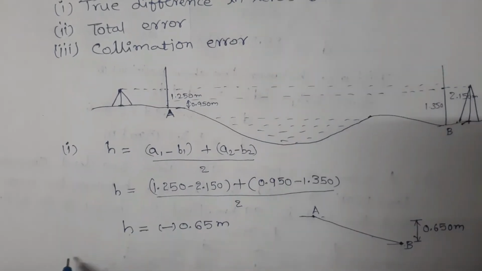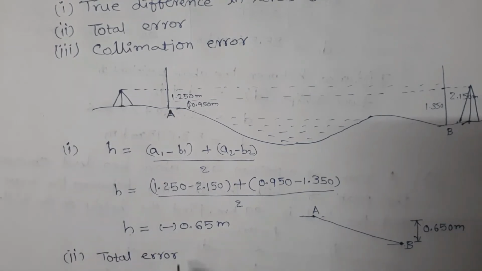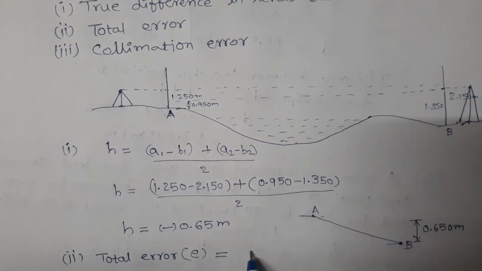Second one is the total error occurred due to reciprocal leveling between these two points. Total error E is equal to A2 minus B2 minus A1 minus B1, divided by 2.